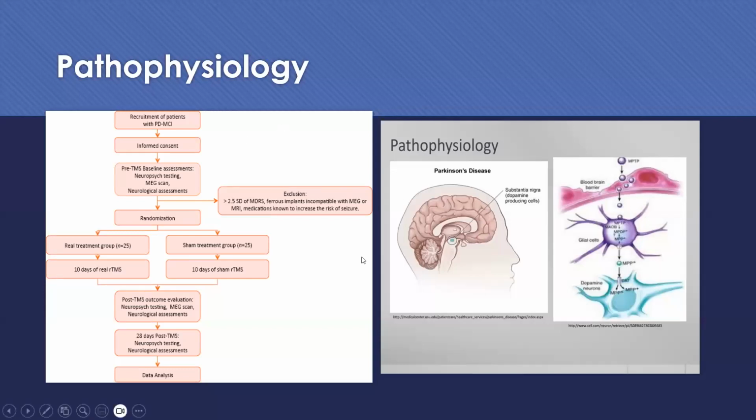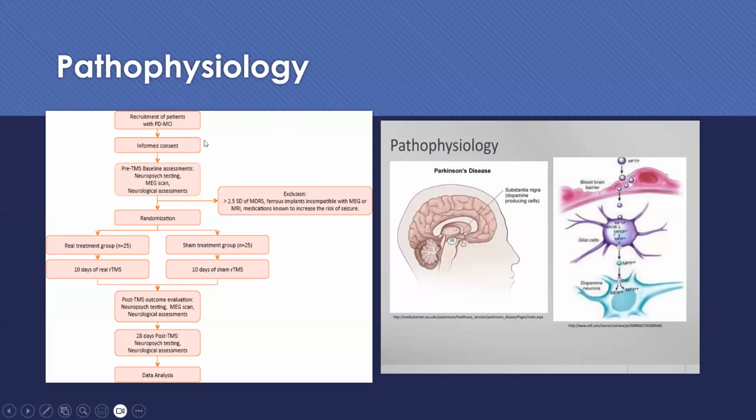Pathophysiology. We will discuss the pathophysiology. We will analyze the stages of Parkinson's disease, and this is the physiology of the Parkinson's disease patient.